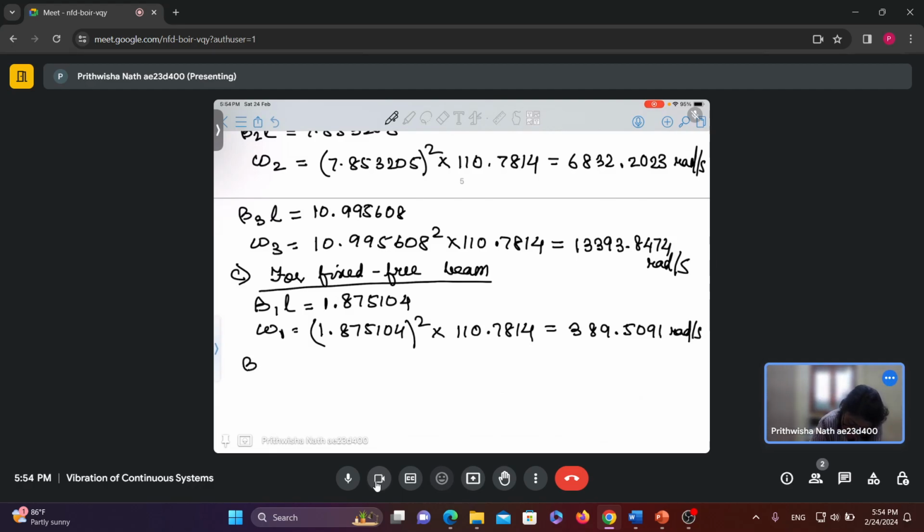Similarly, beta 2 L is given as 4.694091. Therefore, omega 2 is 4.694091 whole square into 110.7814.